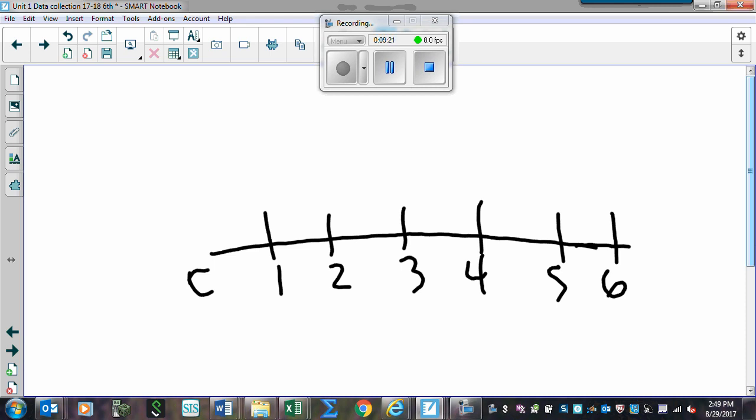Okay. Could I put in 1.7? No. This would be a case where you'd have to answer in a whole number. And so that's discrete data, where you're doing a count of things.